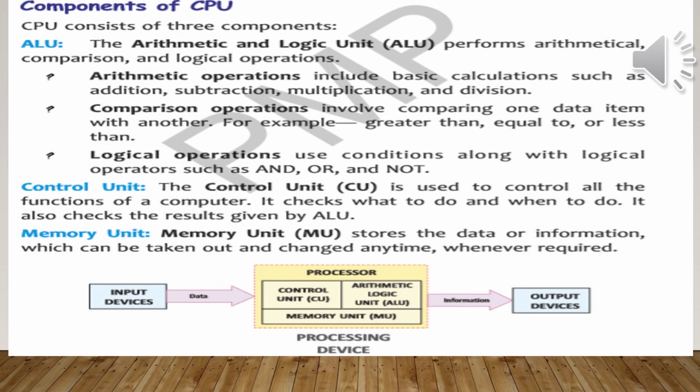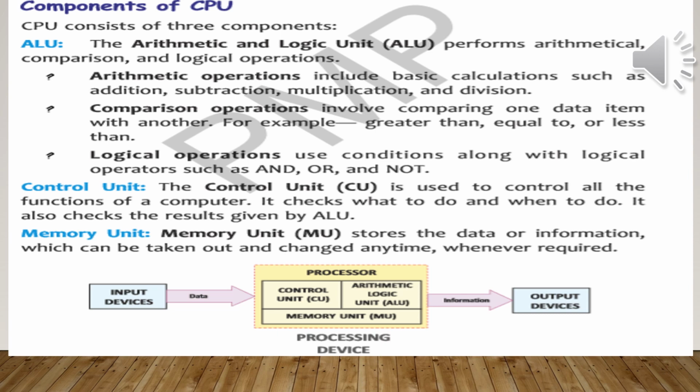Now it is important to discuss the different components of CPU. CPU has three main parts. First is ALU, arithmetic and logical unit, which performs arithmetic, comparison and logical based operations.